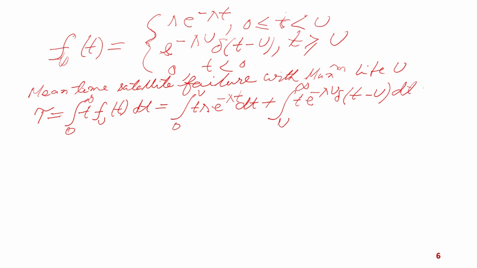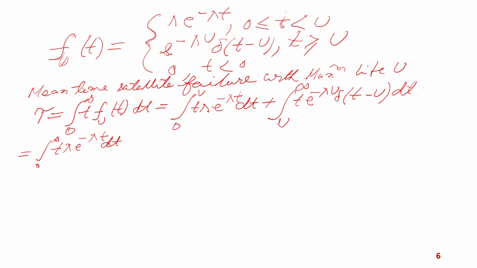Now, previously we wrote that the integral from 0 to infinity of t times the probability density function is the mean time to failure. In terms of mean time to failure, I write the integral from 0 to infinity of t lambda e to the power minus lambda t dt.